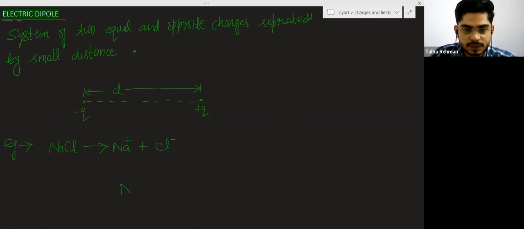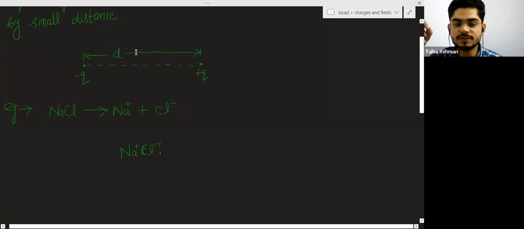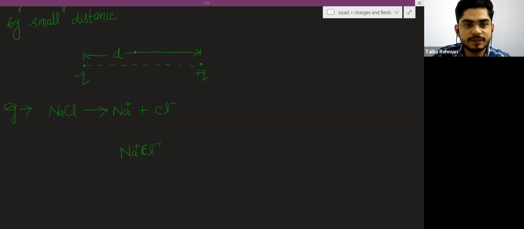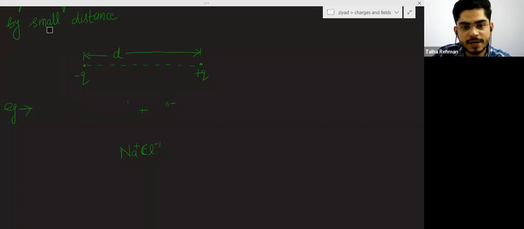So this Na positive and Cl negative is the example of electric dipole, in which there is a very small distance between the sodium ion and the chloride ion, and charge is also equal and opposite. So you can write the example, sodium chloride NaCl.